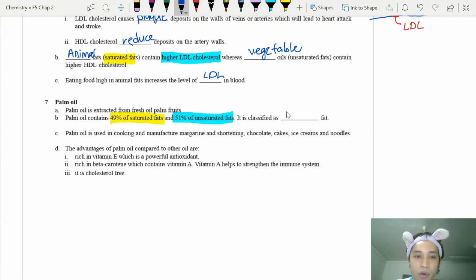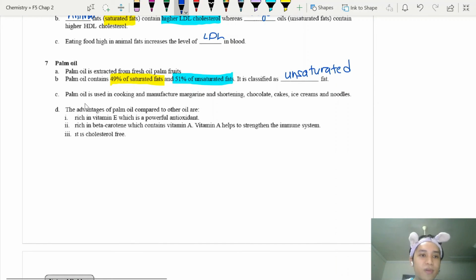That's why palm oil has a lot of uses. If you use palm oil in cooking, they say it's good for your health since this is an unsaturated fat. But if you change it into margarine and take too much margarine, it might not be really good.